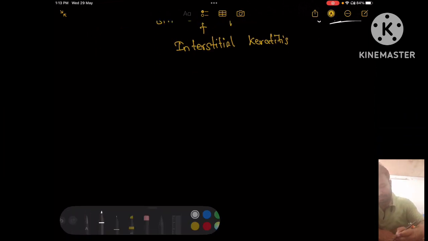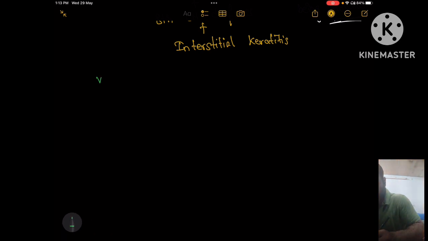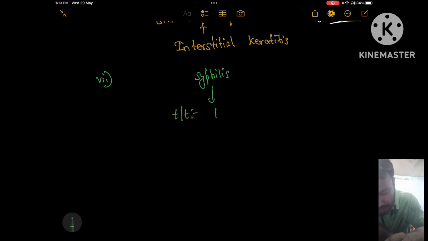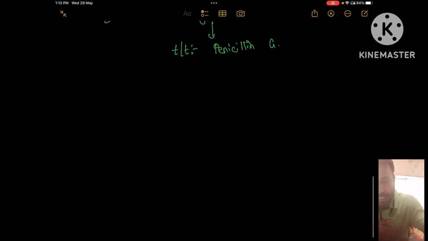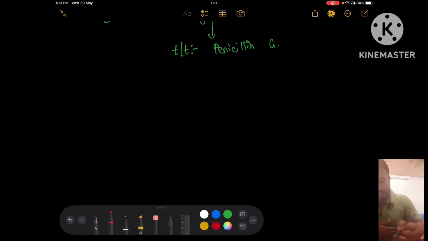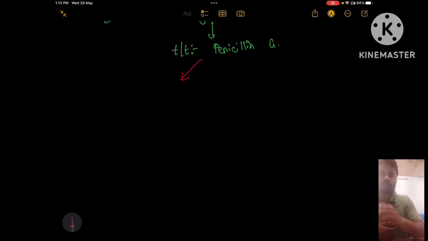Next point, what is the treatment of syphilis? In general, we use penicillin G. But after using penicillin G, we can commonly see two complications.